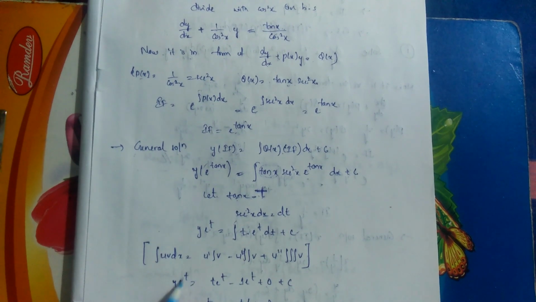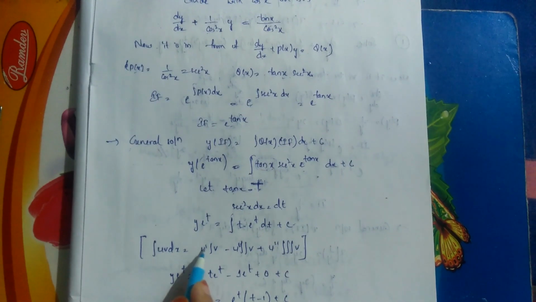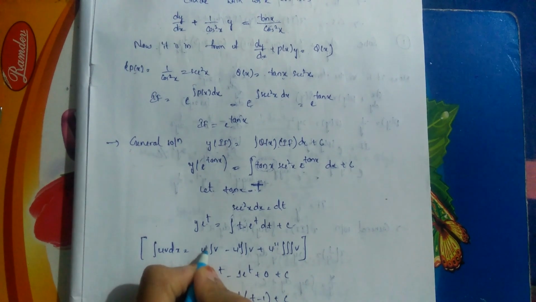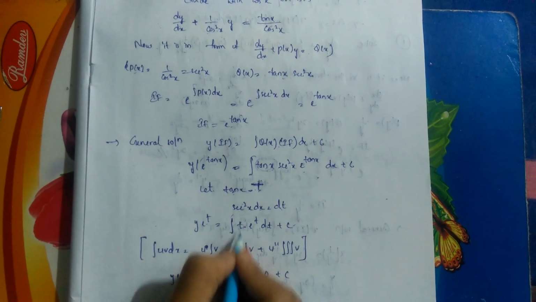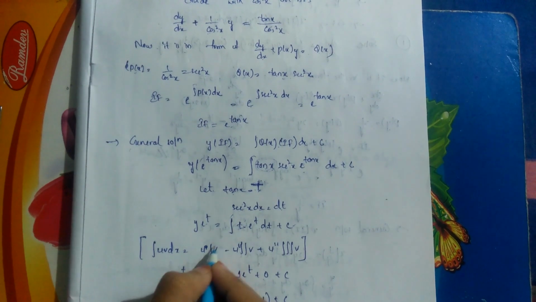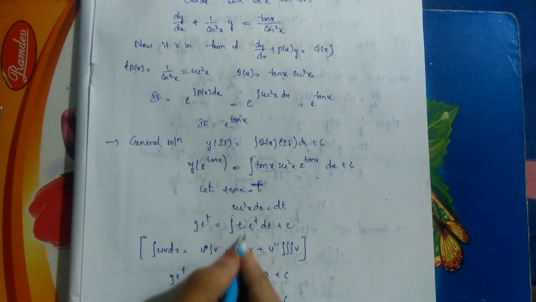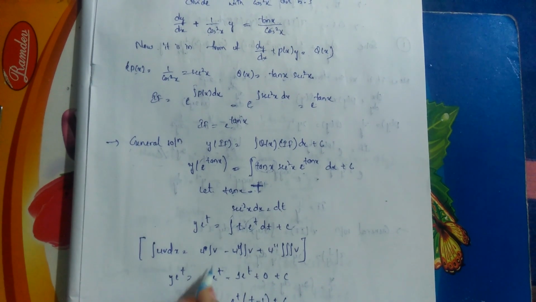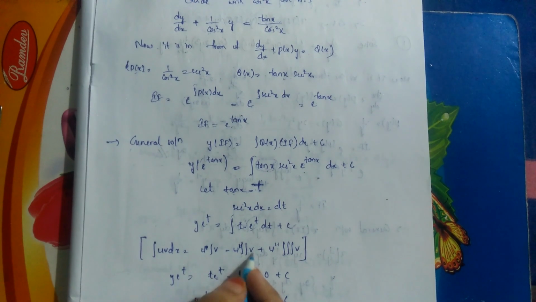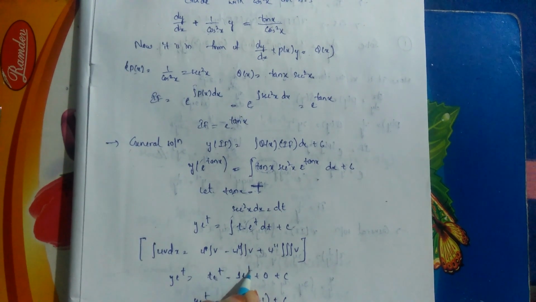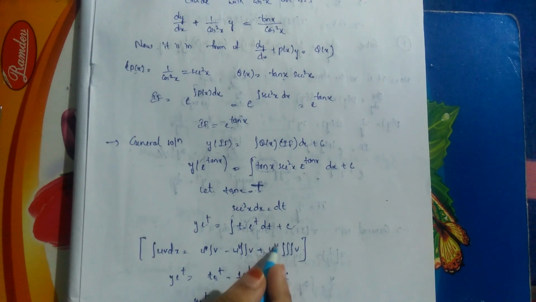So here y into e power t equals first u, that is t, and integration of e power t is e power t, minus derivative of u. The derivative of t with respect to t is 1, and double integration of v is e power t, because when we integrate it again we get e power t only, plus double derivative of u.